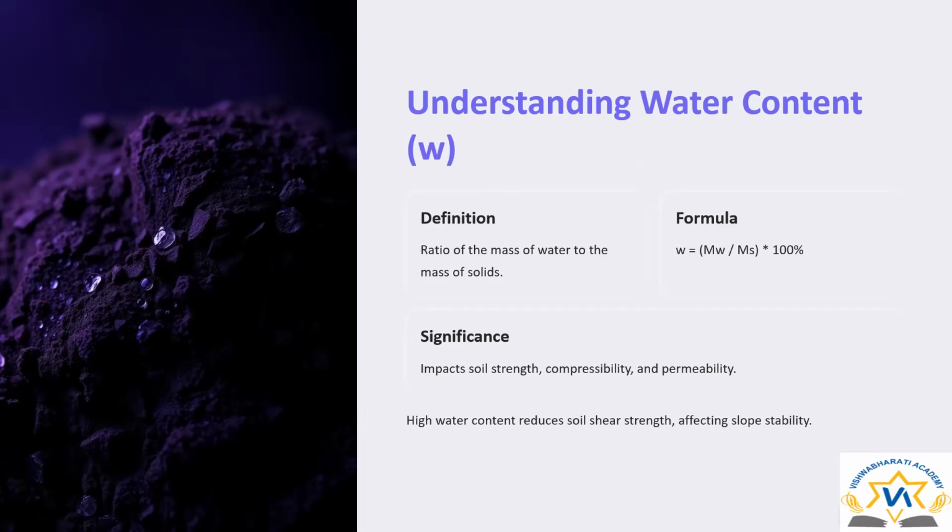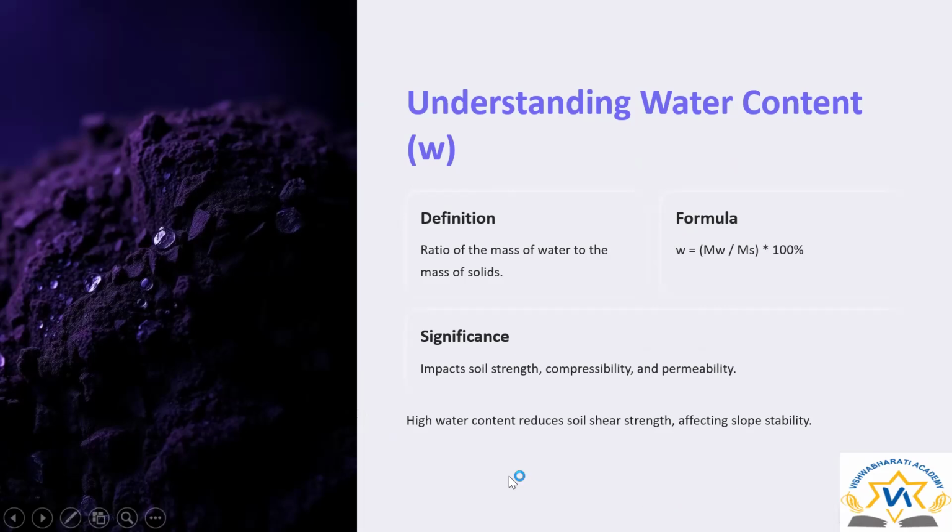The formula for calculation of water content is w equals mw upon ms, that is, the mass of water divided by the mass of solid, multiplied by 100, and the result gives the water content. But why do we calculate the water content in geotechnical engineering?